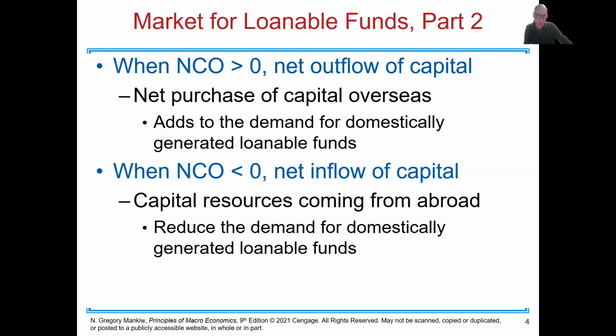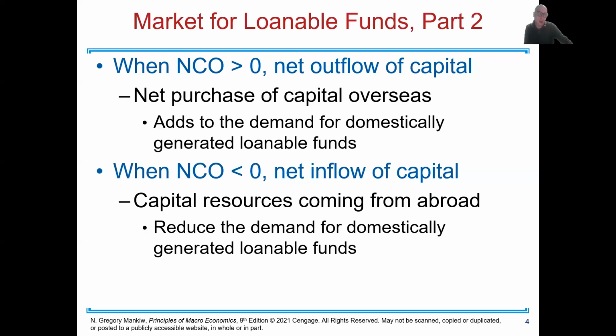What we mean by that is when the net capital outflow is greater than zero, we can exchange those American dollars for a foreign currency. The net purchase of capital overseas. This adds to the demand for domestically generated loanable funds. Why did the demand go up? Because there would be less capital because of the exchange, you see.